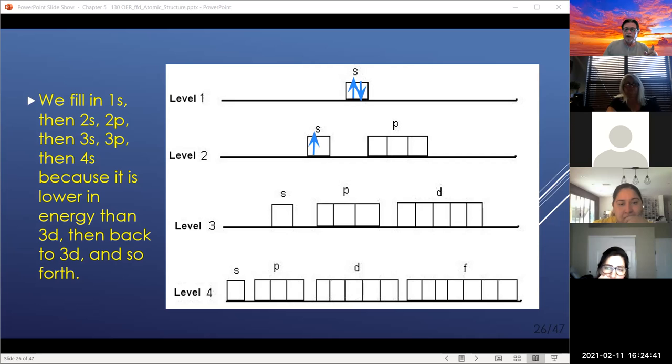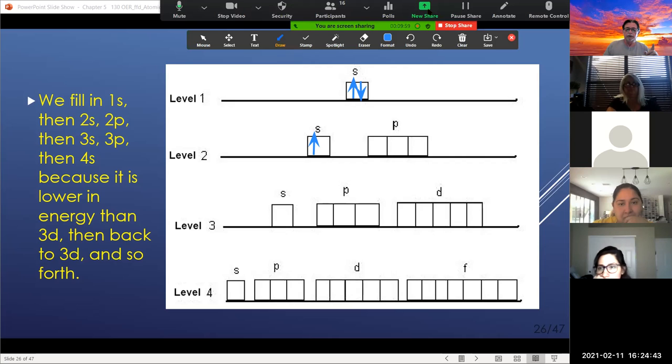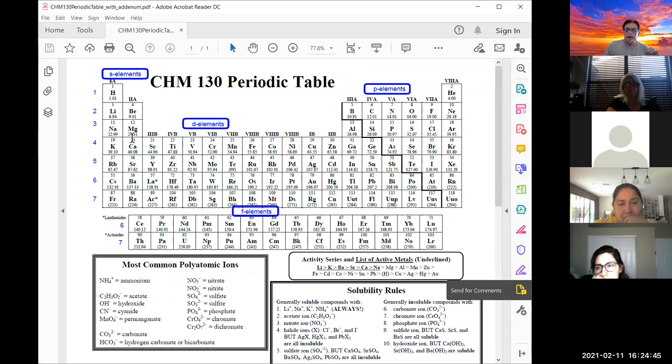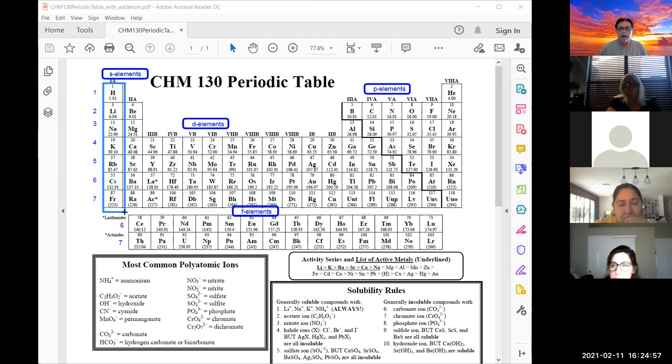Now, think about this for a moment. If we look at the periodic table, everybody in group 1, we put them all together. And we put them all together because all of them have in the outermost shell 1 electron.